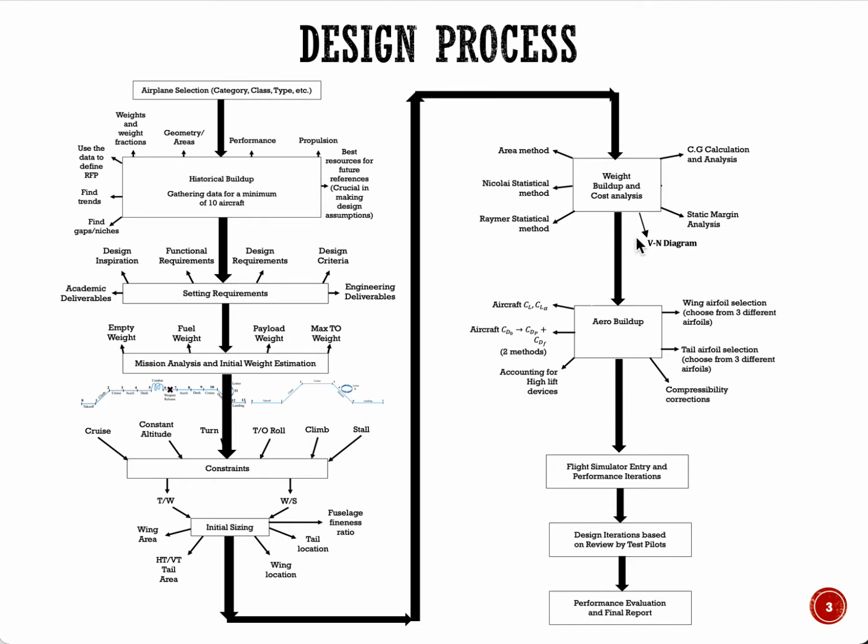Right. So as I said, you're going to end up getting a takeoff weight estimation from the weight buildup. That won't be the same as the weight you got from the initial weight estimation, right?